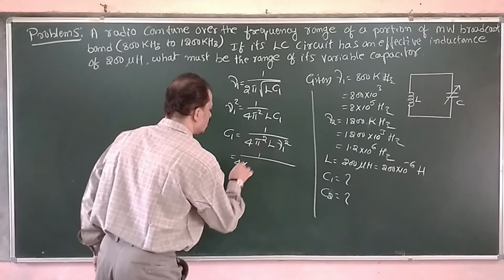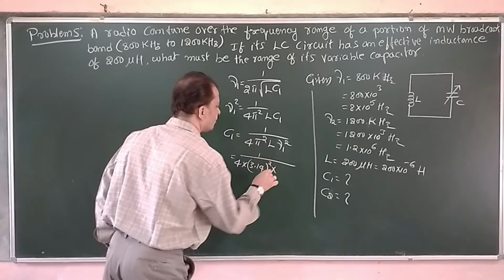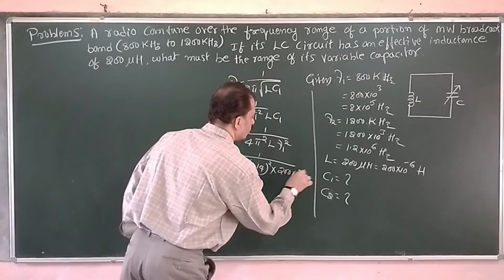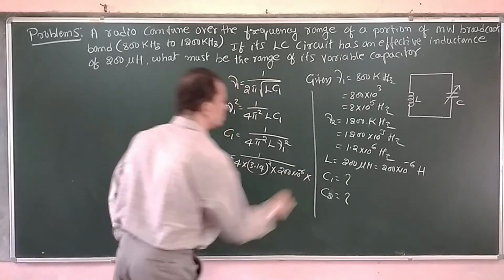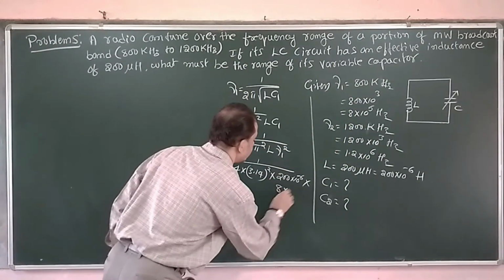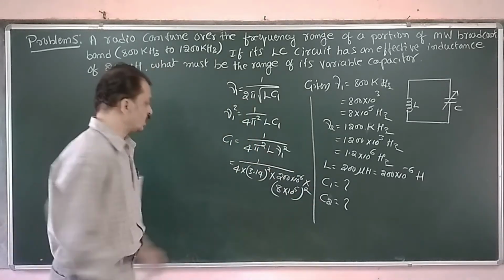1 divided by 4 into 3.14 whole square, inductance is 200 into 10 to the power of minus 6, into first frequency 8 into 10 to the power of 5 whole square, nu 1 square.